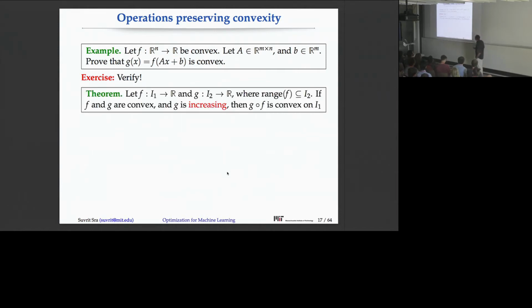Okay. Another one is the standard one which one ends up using: if you compose two functions, when is the composition convex? And we can have an elaborate set of several such compositional rules.